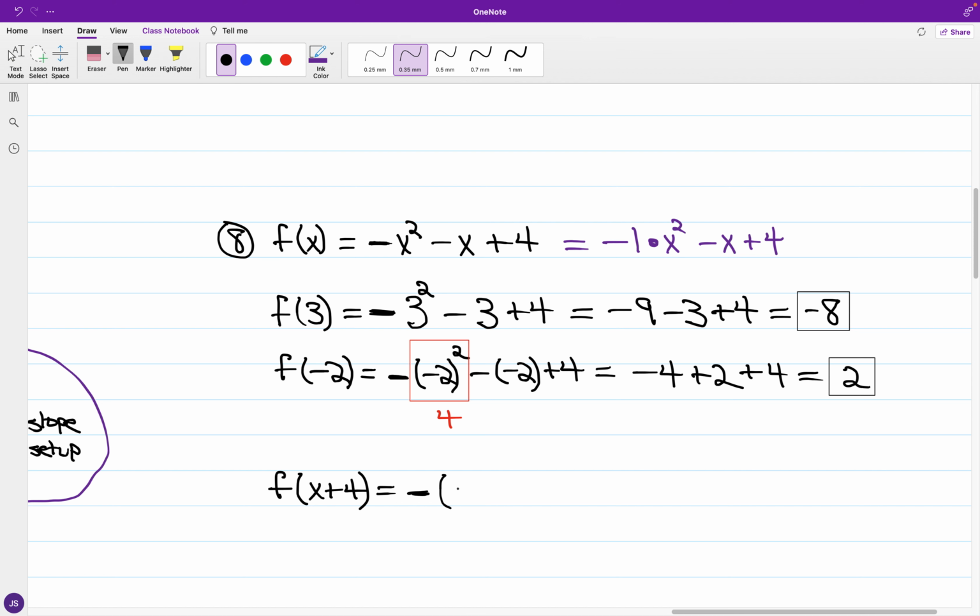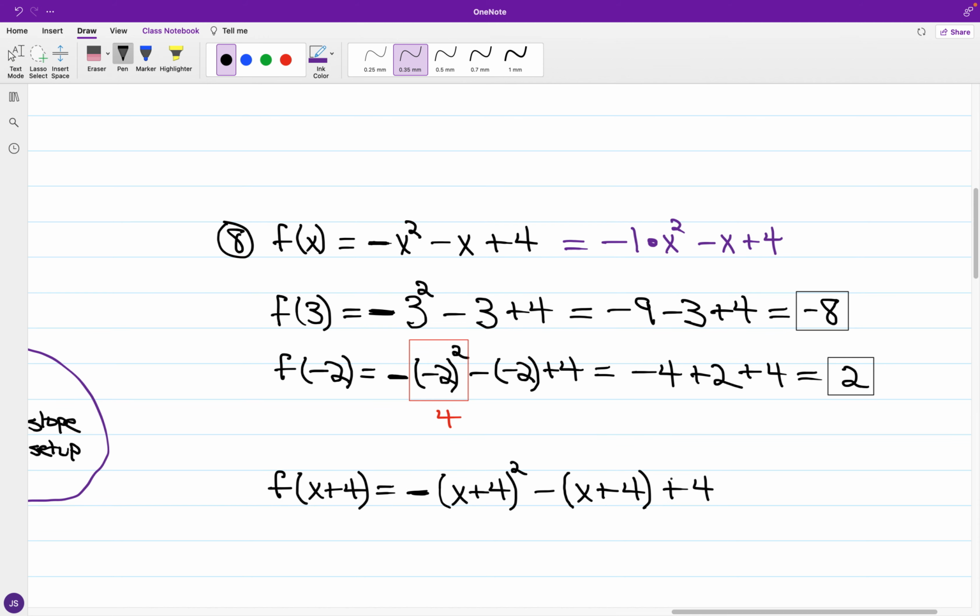So now we're looking at the opposite sign of the square of x plus 4. Again, have minus the input, so you're looking at subtracting all of x plus 4. And you have followed by the addition of 4.